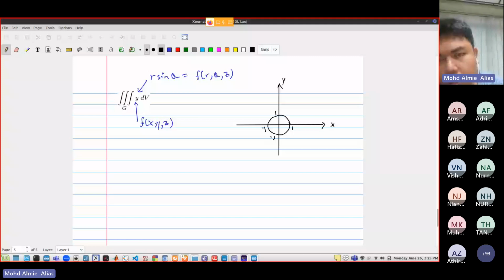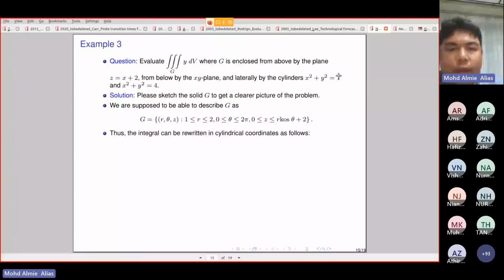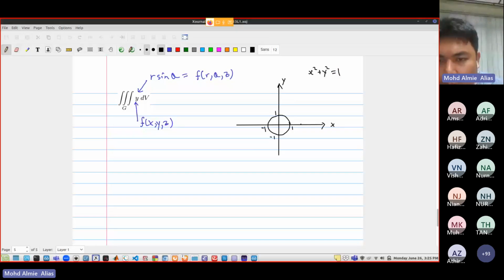We know that this is x squared plus y squared equals 1. And then we have another one, x squared plus y squared equals 4. So it's obvious that this is a circle centered at the origin with radius 2, because here it equals 4, which means this is 2 squared.